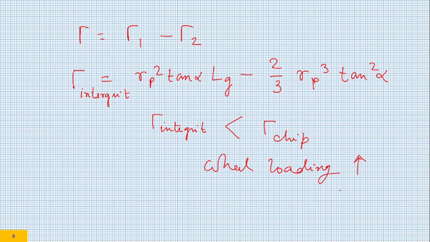So when a process parameter is placed in front of you, what do you do? You have to check 3 criteria. What are those 3 criteria? One is RP, is it less than A2? Number 2, LG, is it less than this?